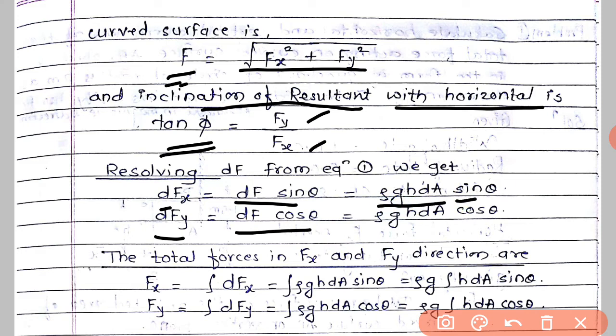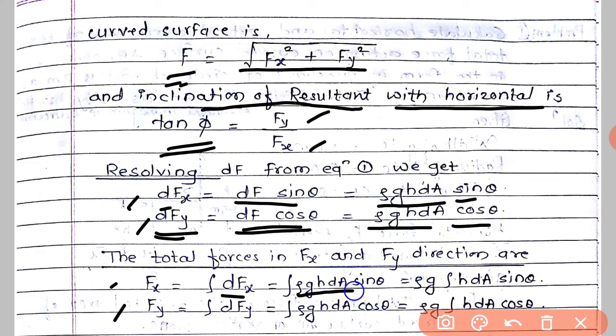So dFx is equal to rho g h dA into sin theta, and dFy will be equal to dF into cos theta, so rho g h dA into cos theta. So now for obtaining Fx and Fy, we have to integrate dFx for obtaining Fx, and integrate dFy for obtaining Fy. So now Fx is equal to integration of dFx.